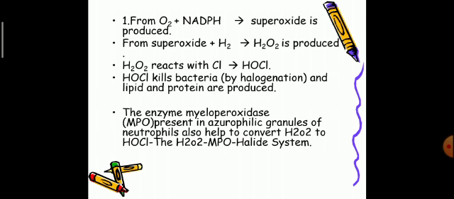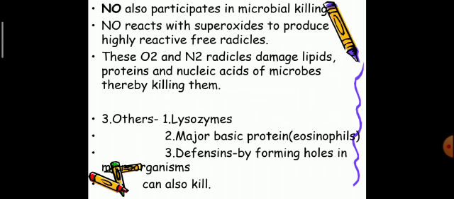The enzyme myeloperoxidase, MPO, present in the azurophilic granules of the neutrophils, also helps to convert the H2O2 to HOCl. That is called the H2O2 MPO halide system. NO also participates in microbial killing.